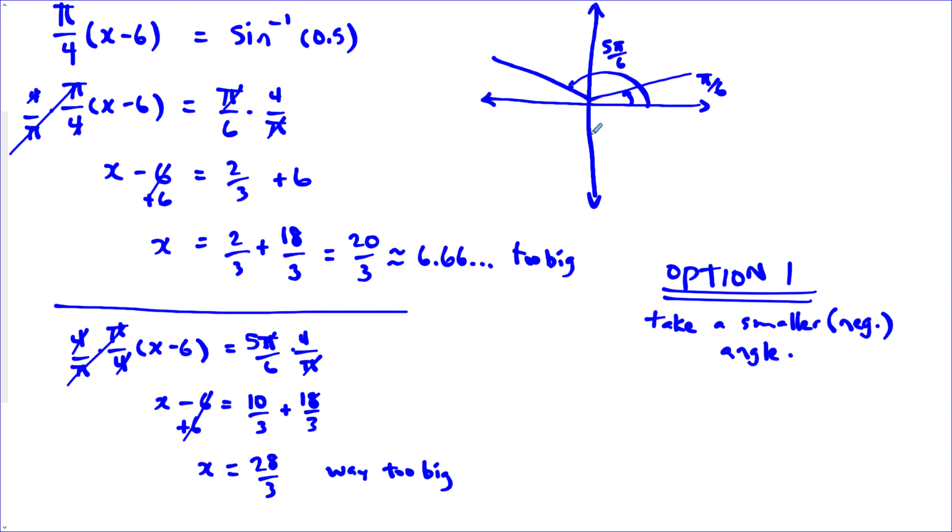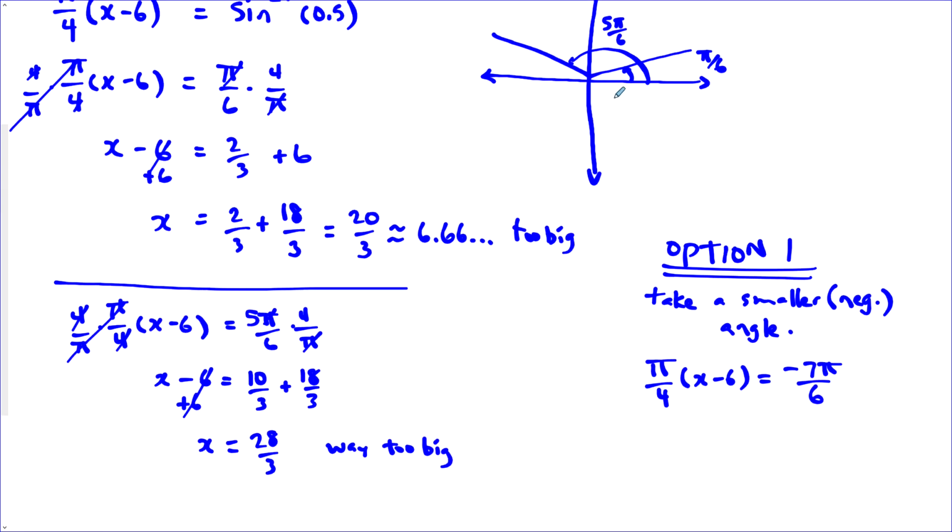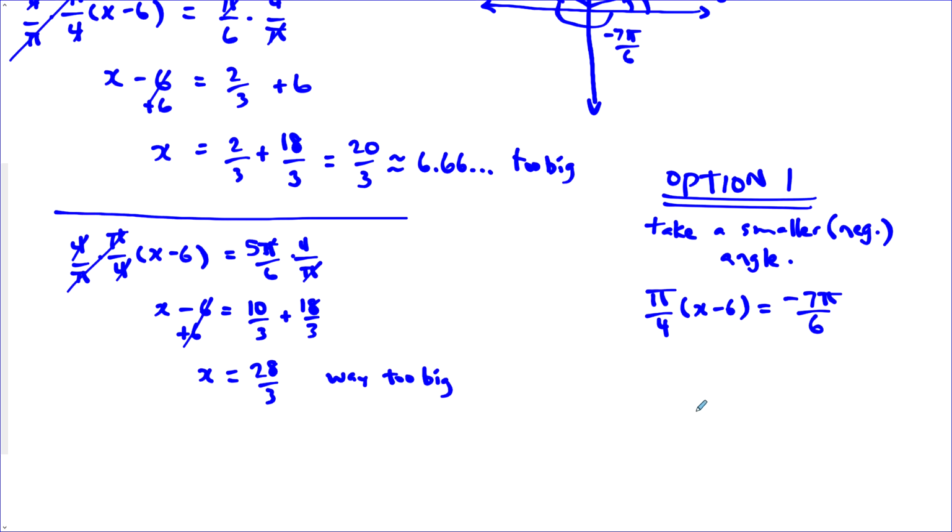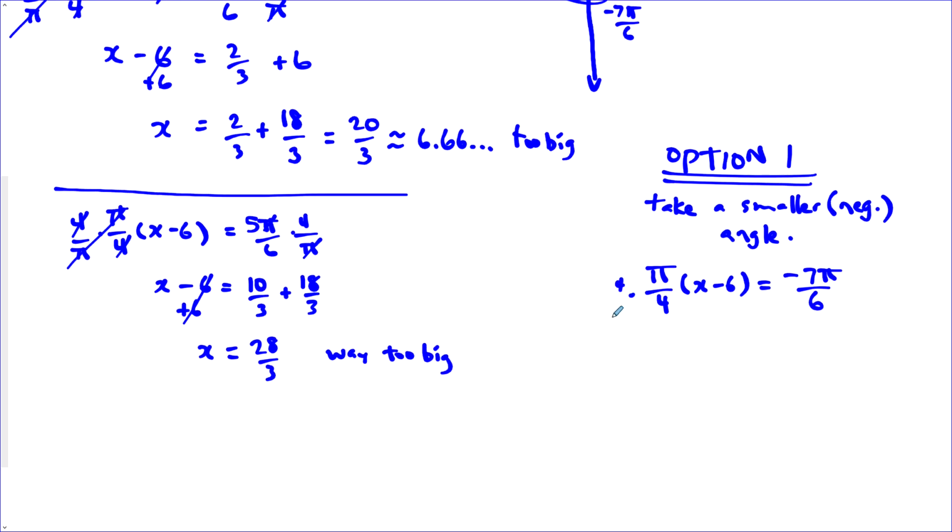This angle right here in standard position is negative 7 pi over 6. So let's try this whole process again with negative 7 pi over 6. Now do the same algebra. Multiply by 4, divide by pi. Multiply by 4, divide by pi. Cancels all that stuff out.